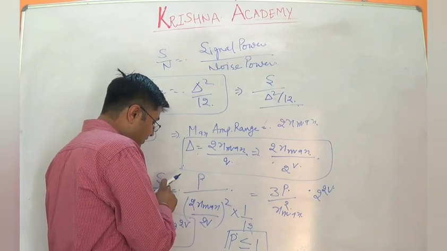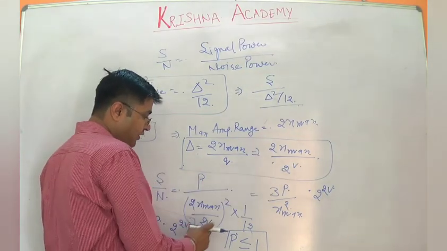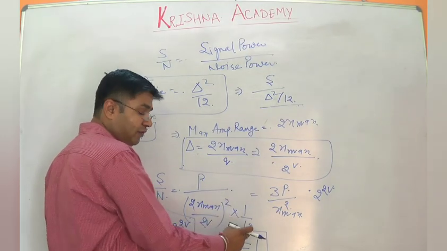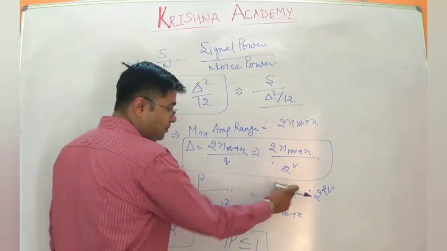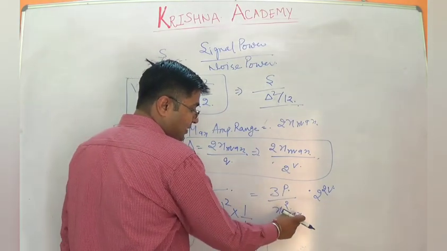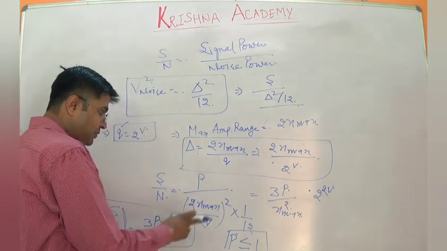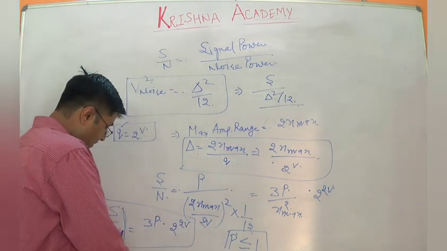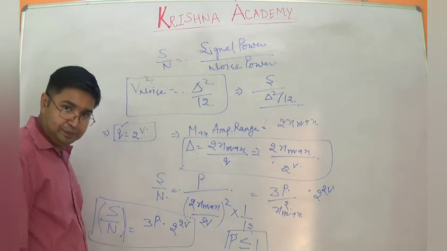Just put the value over there. This P is the signal power divided by 2x maximum upon 2 to the power V, squared, into 1 by 12. Just put it over there, and what you will get is 3P divided by x max square into 2 to the power 2V.